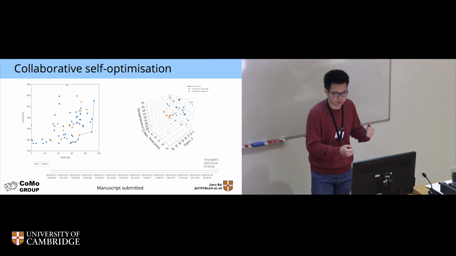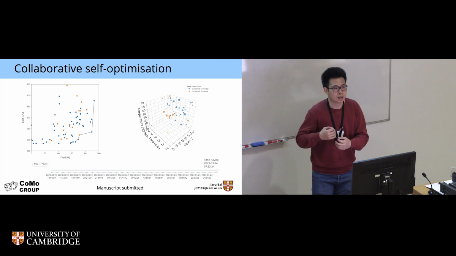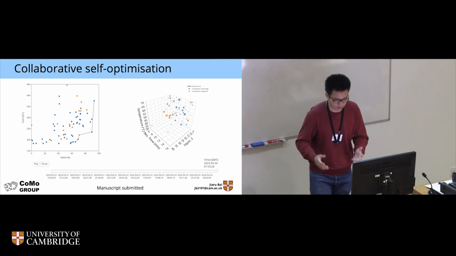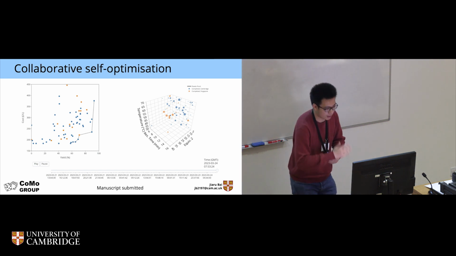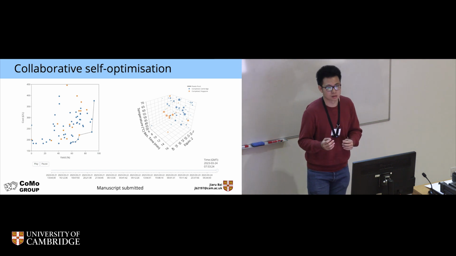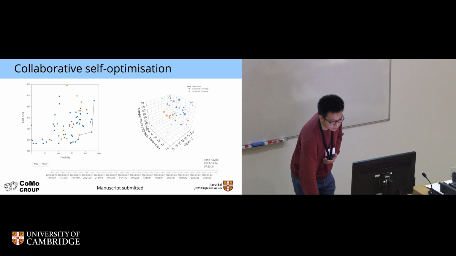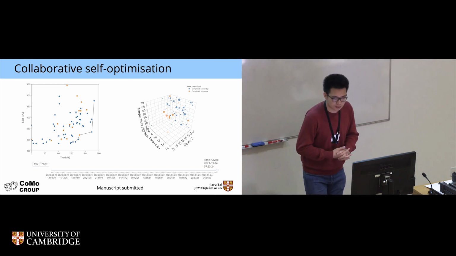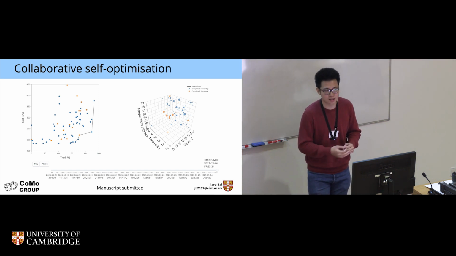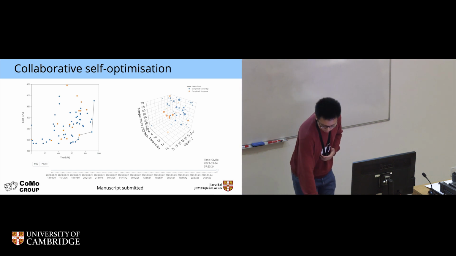So we took it out of the campaign, and the Cambridge side carried over and finished the campaign. This is why you see unbalanced orange and blue dots on the left side. Hopefully this is convincing enough that we address the FAIR provenance problem.